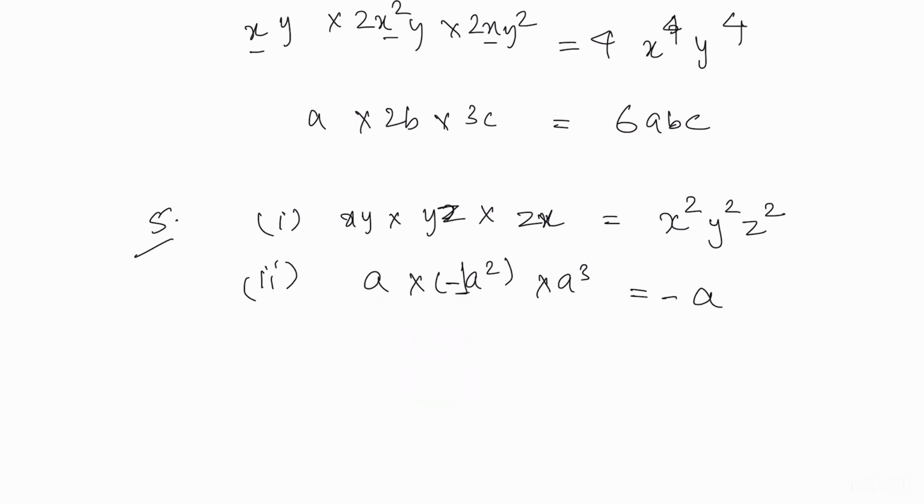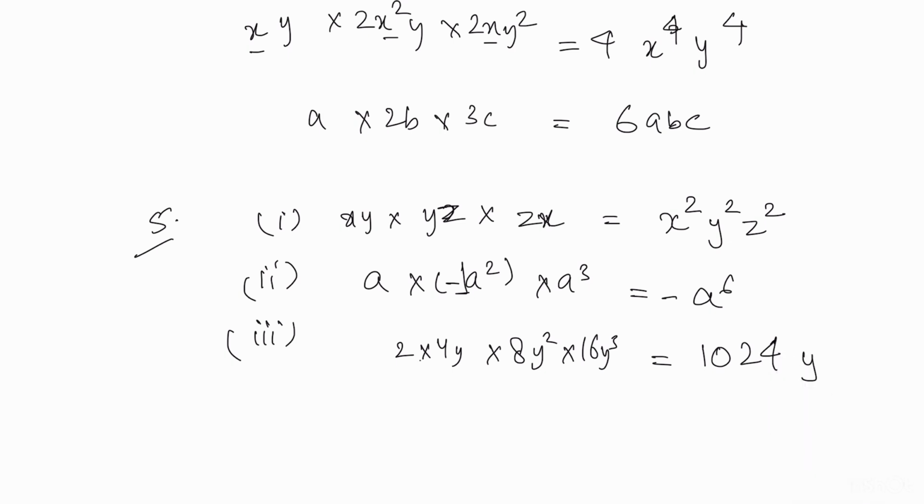It will be a to the power 1 plus 2 plus 3, which is 6. Okay, 2 into 4y into 8y square into 16y cube. This is 8 8s are 64, and 64 into 16, if we do it, we'll get 1024. Y is here 1, here is 2, and 3, and 6.